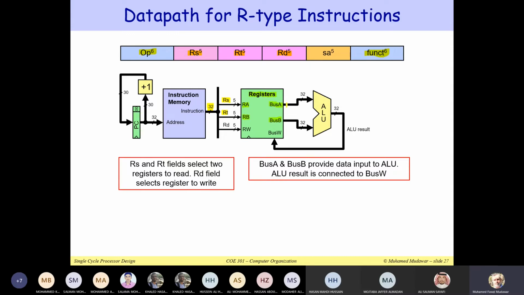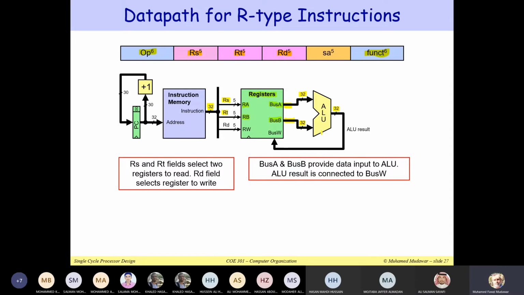Once we have the value of register RS and the value of register RT, these will be available at the output of the register file. Notice that these are 32 bits because every register is 32 bits wide. We send them as inputs to the ALU and execute the instruction.